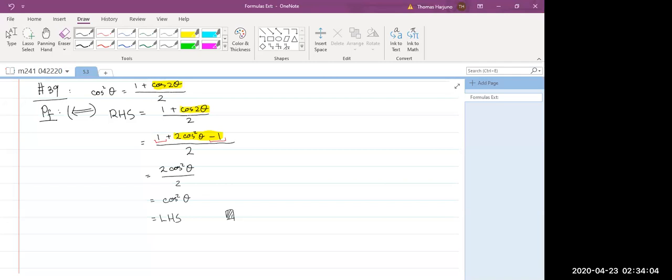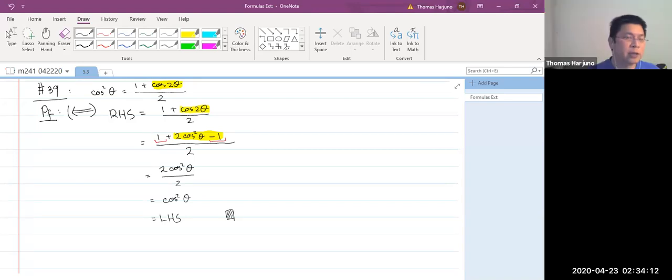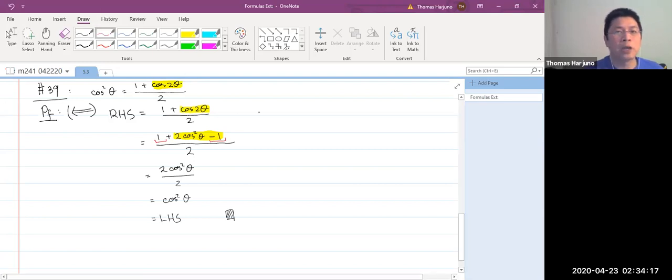Question: even though it's better to use 1B, are you still able to use 1A and 1C? Yes, but it will be harder. Suppose I use 1A, it will be 1 plus cosine squared theta minus sine squared theta. And then I will play with this.